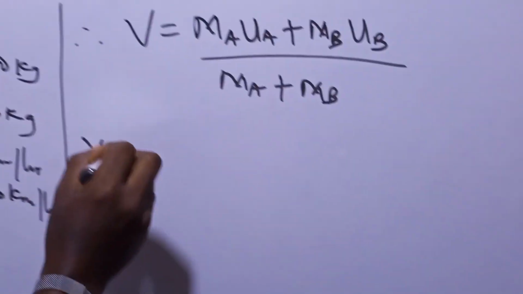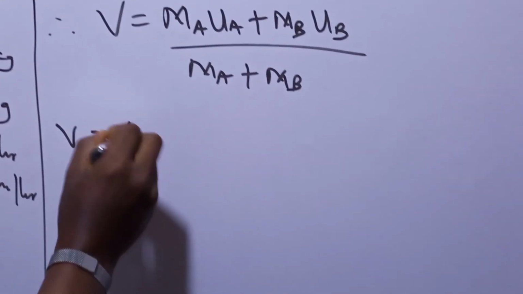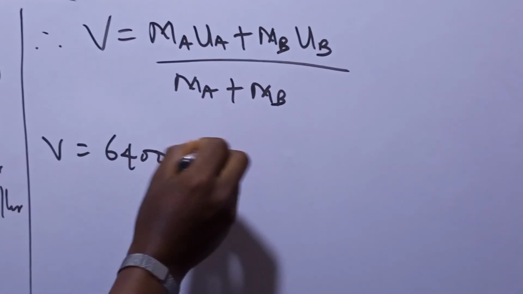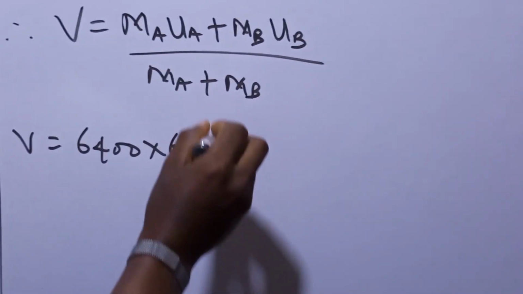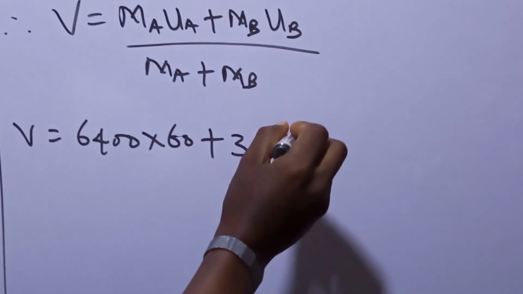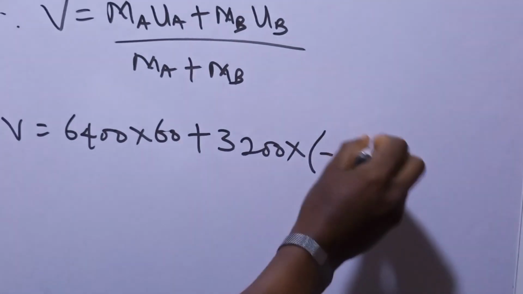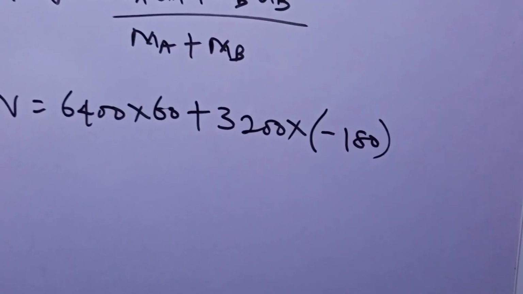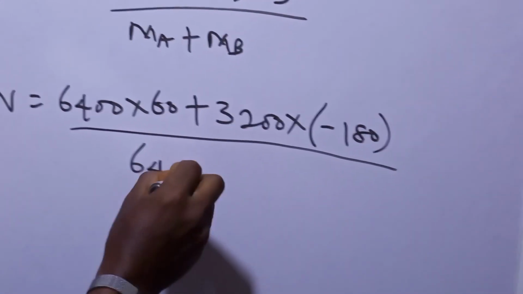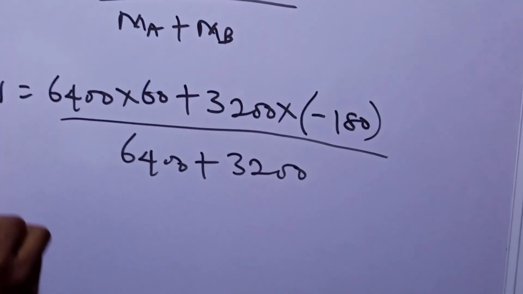Now let's substitute. The velocity equals the mass of A here, 6,400 multiplied by initial velocity of A, which is 60 km per hour, plus the mass of B, 3,200 kilograms, multiplied by initial velocity of B, which is minus 180. Remember, it's coming in an opposite direction. This divided by the mass of A, 6,400, plus mass of B, 3,200.